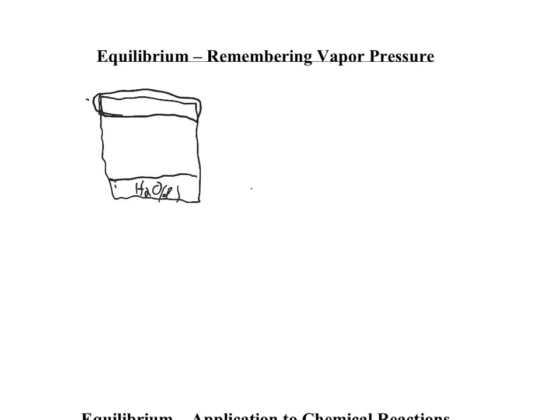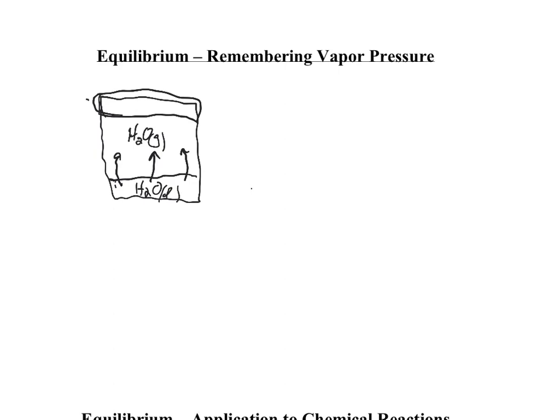If we cover this up, you remember that some of the liquid particles, the water molecules, are going to have enough kinetic energy to break away from the intermolecular forces of attraction that hold them together, and you will see a point where there's gaseous water above the liquid, and we call that vapor pressure.